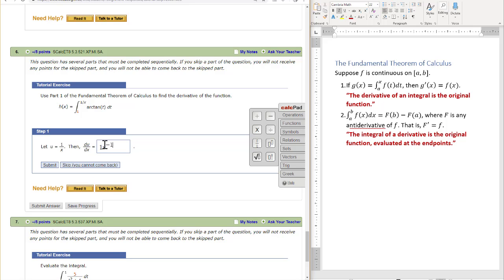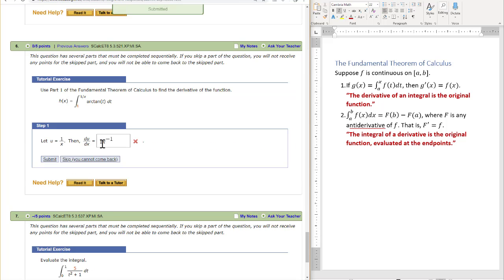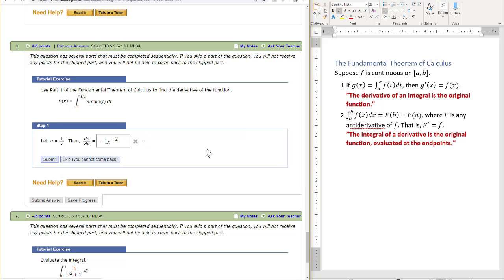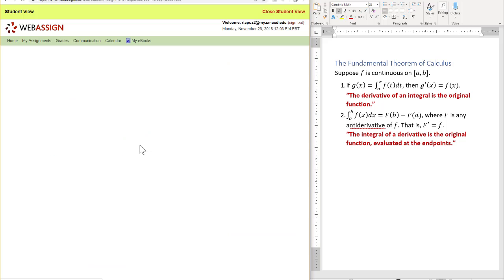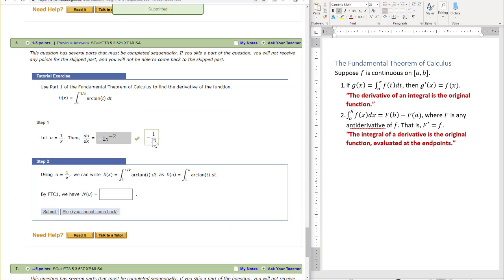We can write it like that, or it might be nicer to write it as negative 1 over x squared, which is what they have here. But either would work, so let's move on.